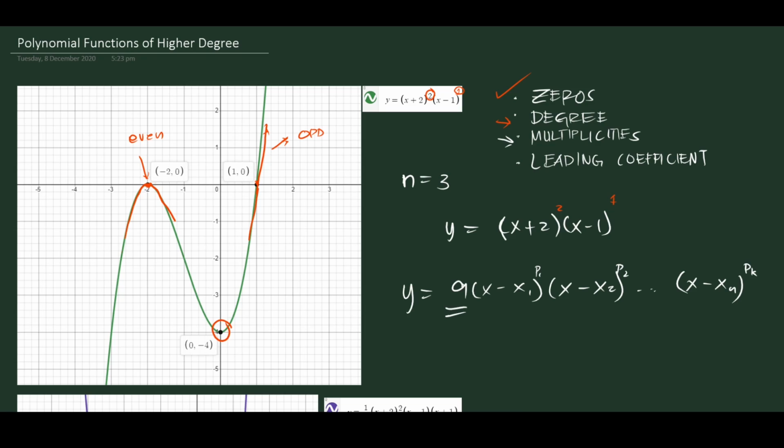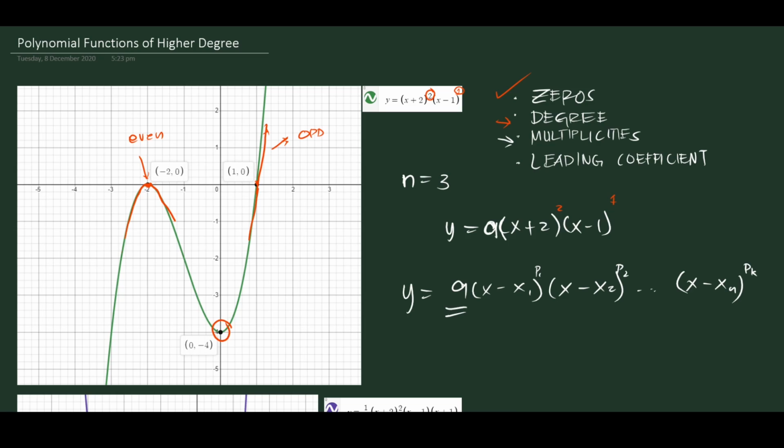The way to determine this is to use another point. In this case, in the first graph, we can substitute (0, -4) into our equation. You have to write a here because it is always present in any factored form of a polynomial function.